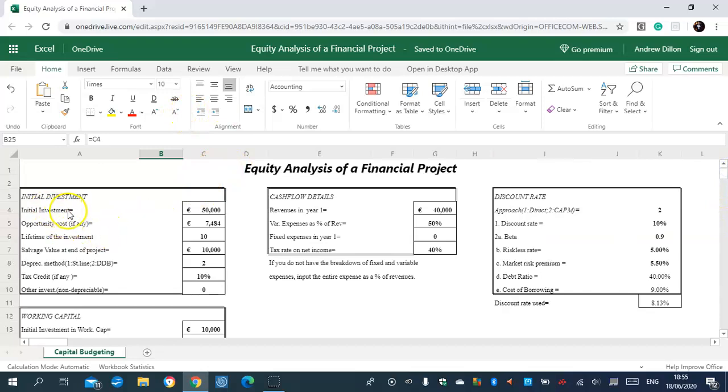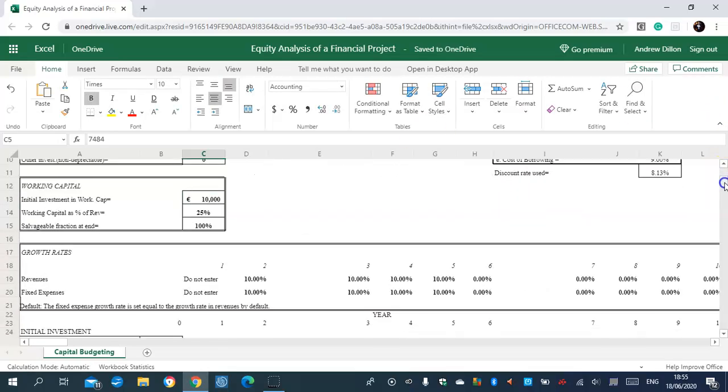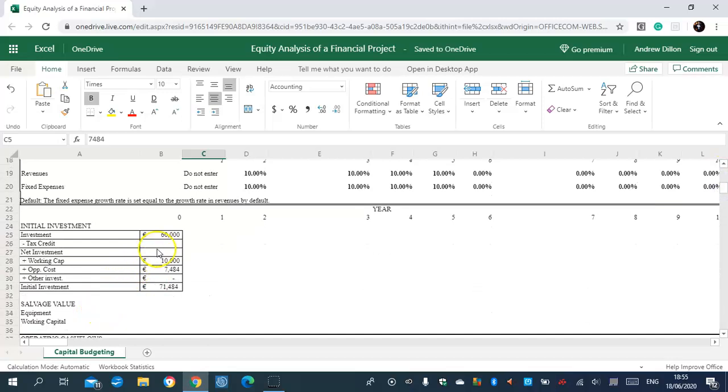If I change that to 60, then I go back down, and there you see the investment has changed to €60,000. So yeah, automatically changed.